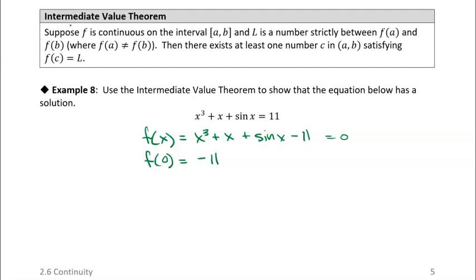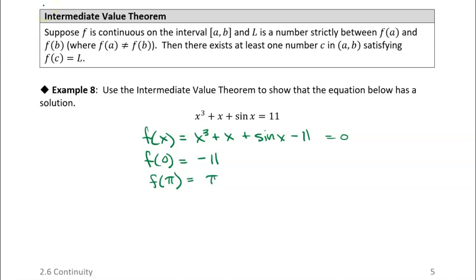All right. So now if we can find an x that will give us a positive value of f, then we know that it has to pass through 0, right? So I'm going to pick pi because that's easy to at least do the sine of. The sine of pi is 0.